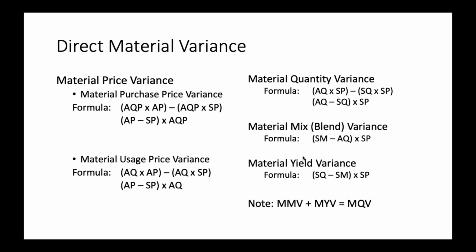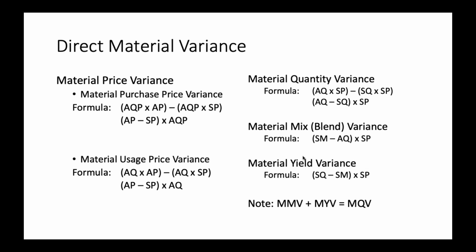Okay, so we will now start discussing variance on the different elements of production, and that is materials, labor, and overhead. For direct materials, we have, like what I've said, two elements of variance: materials price and quantity variance.